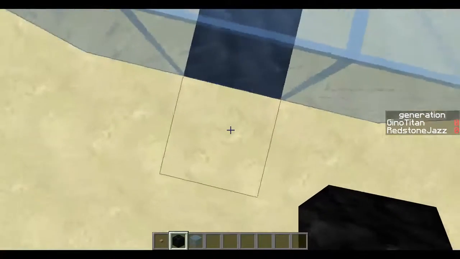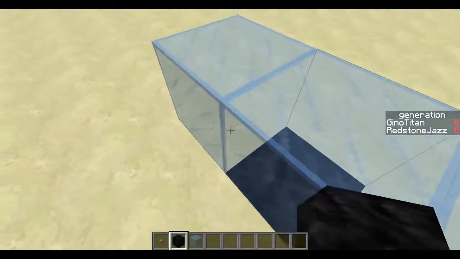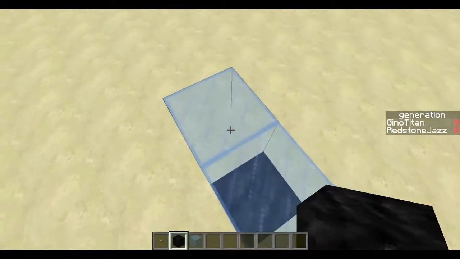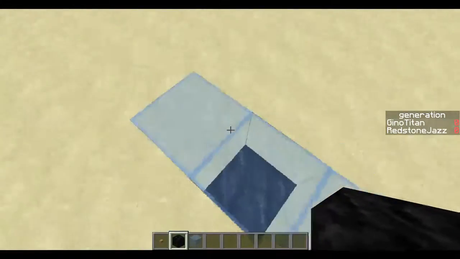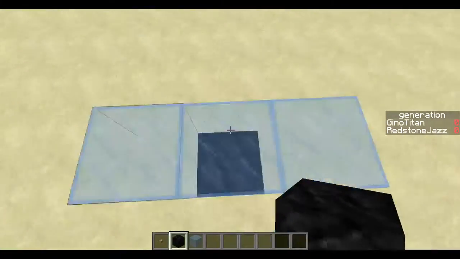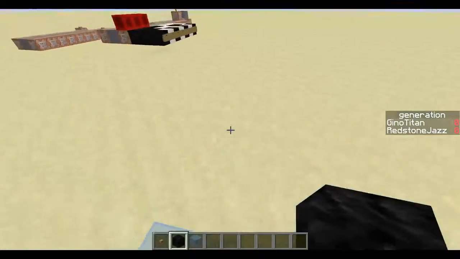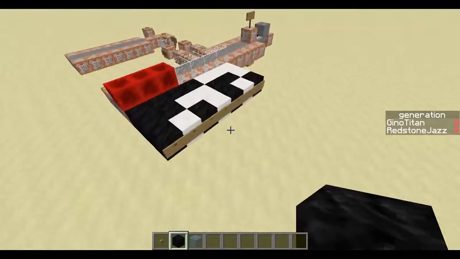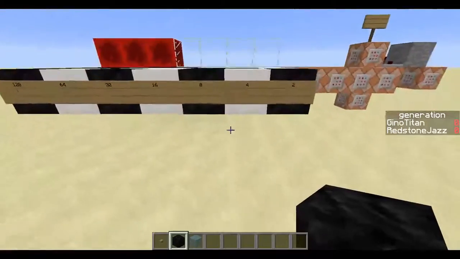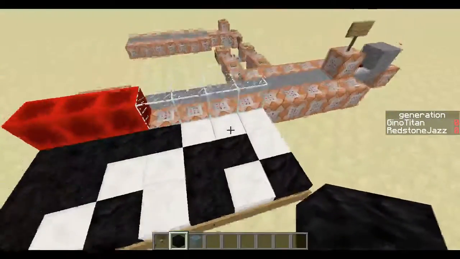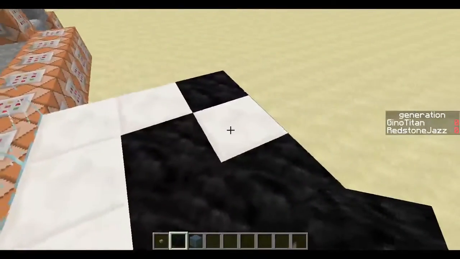So, let's take a look at this. So, in binary it would be 0, 1, 0, because this one is on, these 2 are off. So, we're going to feed the program 0, 1, 0 and see what it returns. Well, we have 4 right here, and it says 0, 1, 0.